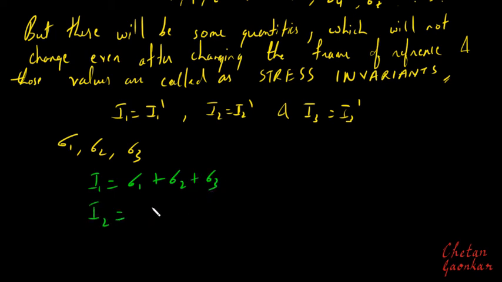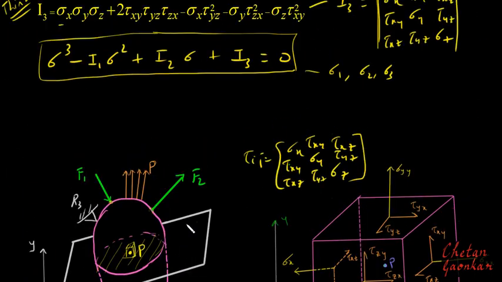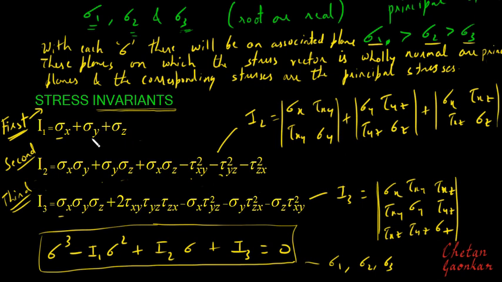Similarly, I2 will be sigma 1 sigma 2 plus sigma 2 sigma 3 plus sigma 3 sigma 1. And I3 will be sigma 1 sigma 2 sigma 3. All right, so this is how we can represent the stress invariants in terms of principal stresses, and this is how we can represent them in terms of rectangular stress components.